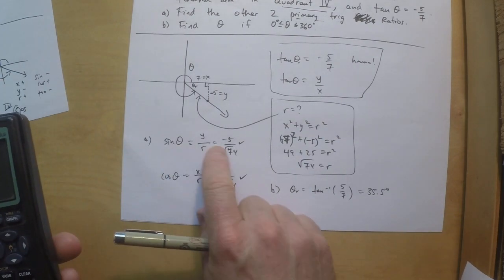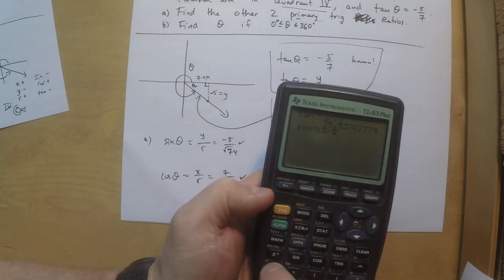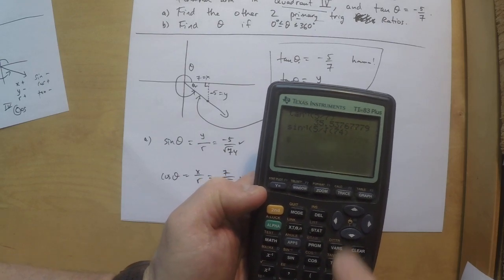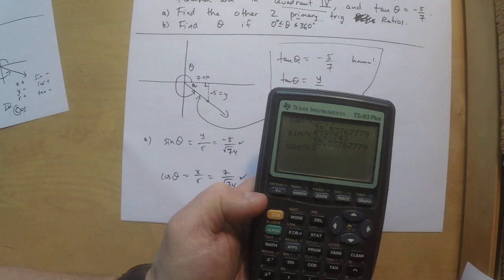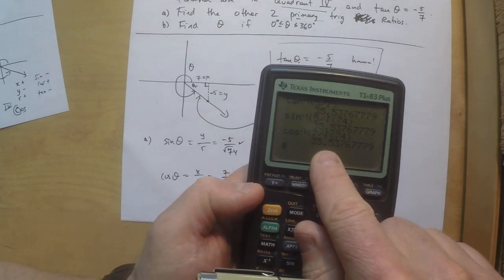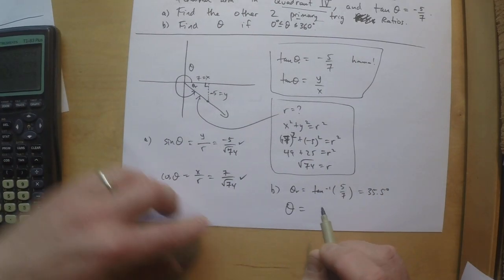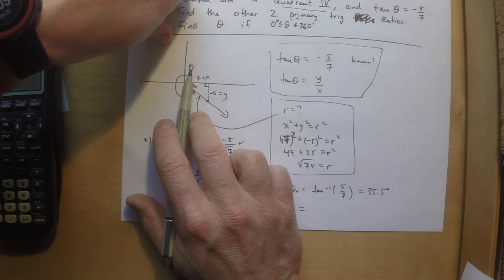If I had used sine, same difference, I would have used the positive of 5 divided by √74. Would have got the same reference angle. And cosine, 7 divided by root 74. So there's no wrong choice. They're all going to give me the right reference angle. And then looking at the picture, just use my width. How big is that angle?